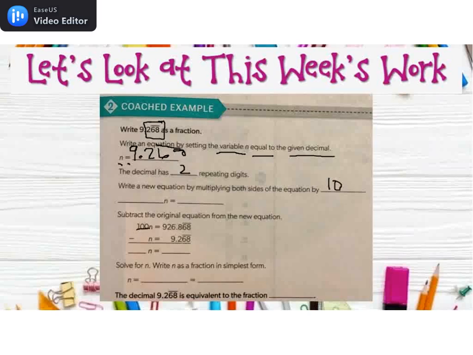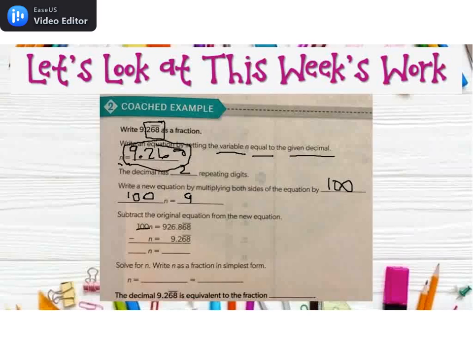So 100. That means 100, on the left side of my equation there's an n, so that turns into 100n. On the right side of my equation I have 9.268 repeating. I need to put that in my calculator. 9.268 times 100.